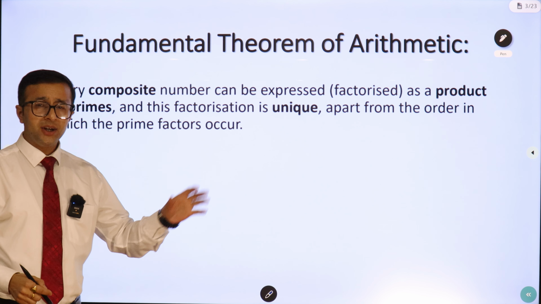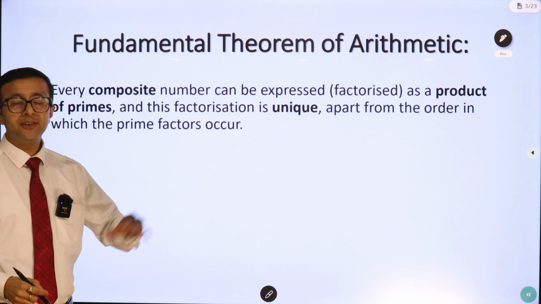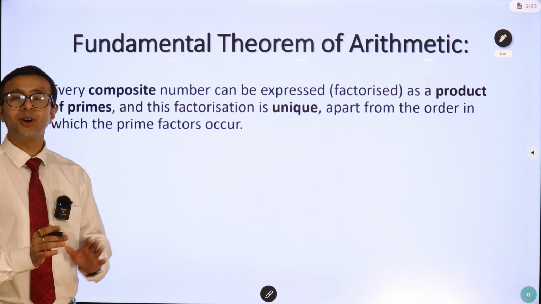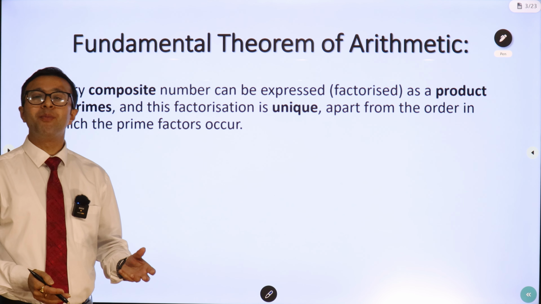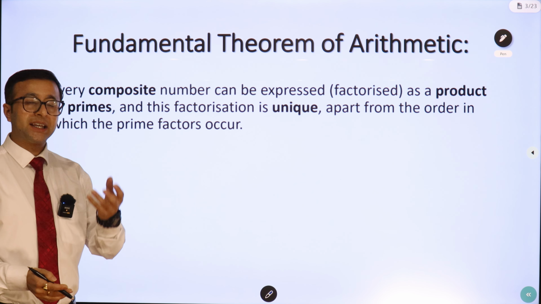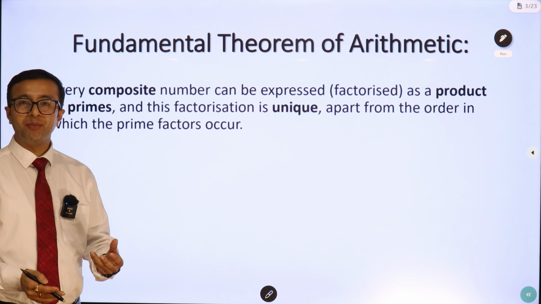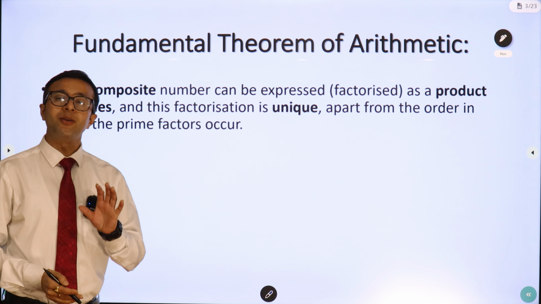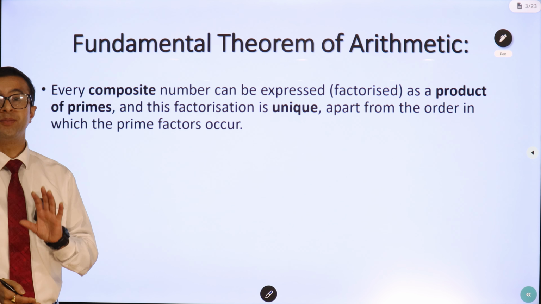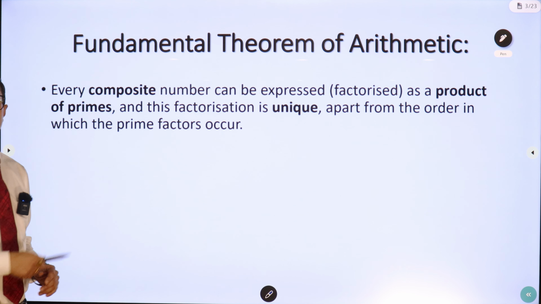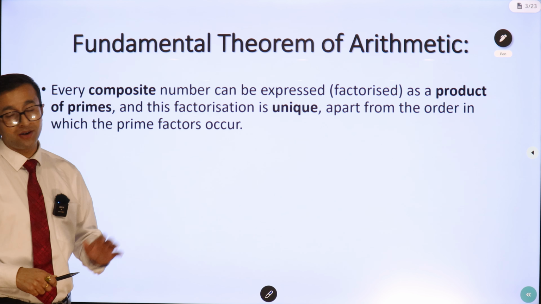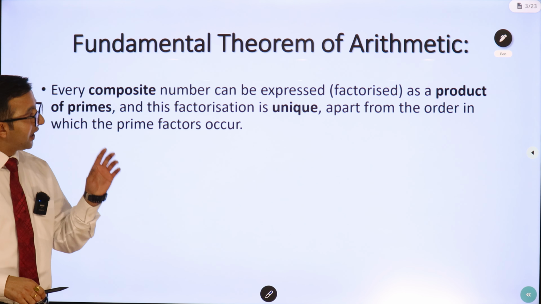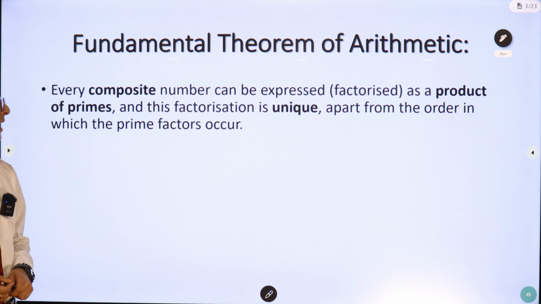We have already done this. We have already learned about composite numbers, and this theorem is based on composite numbers. Any composite number can be written as a product of primes. The statement says that every composite number can be expressed or factorized as a product of primes, and this factorization is unique apart from the order in which the prime factors occur.